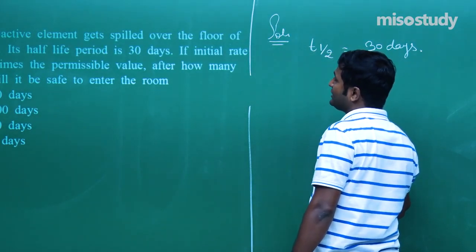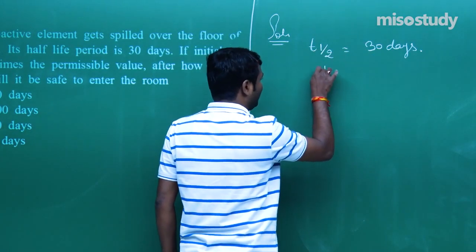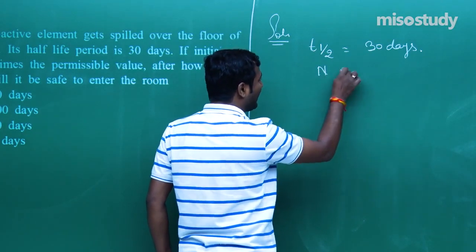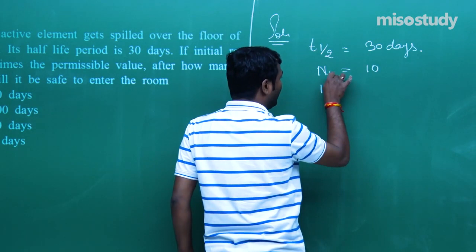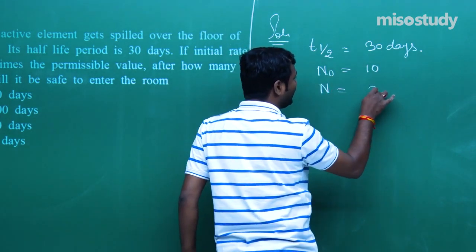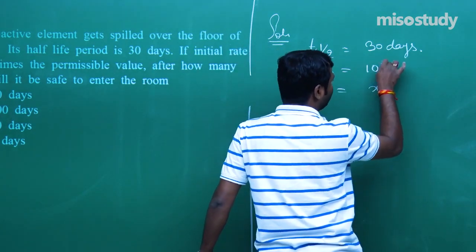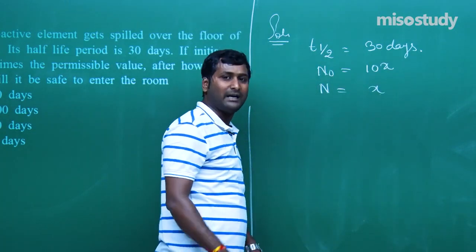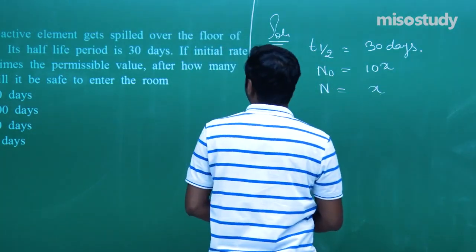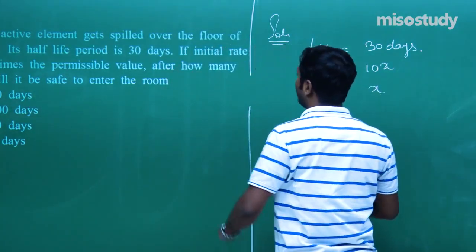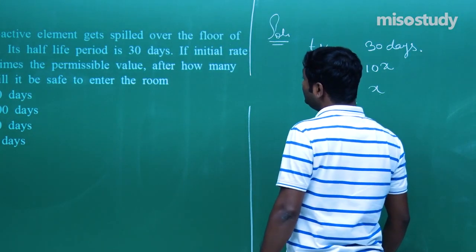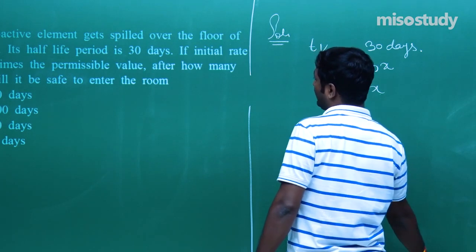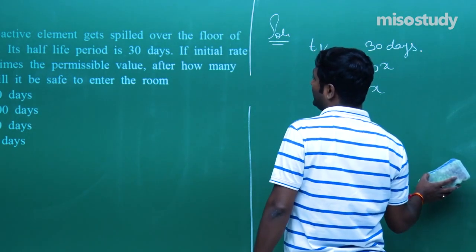If the initial rate is 10 times, in terms of n, n naught is given as 10x. That is a simple method in terms of initial rate. So we can write the initial rate is 10x and the permissible rate is x.